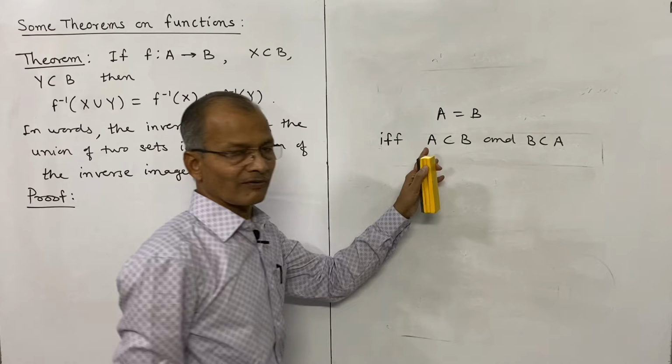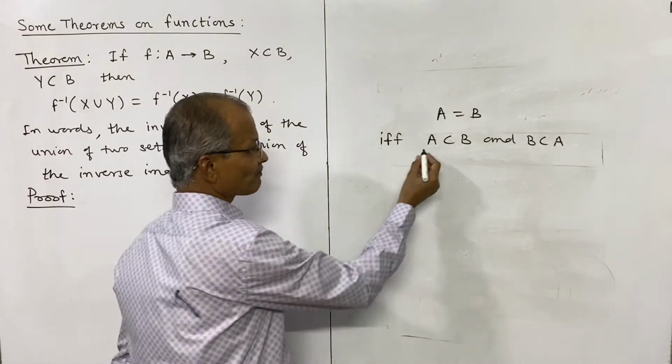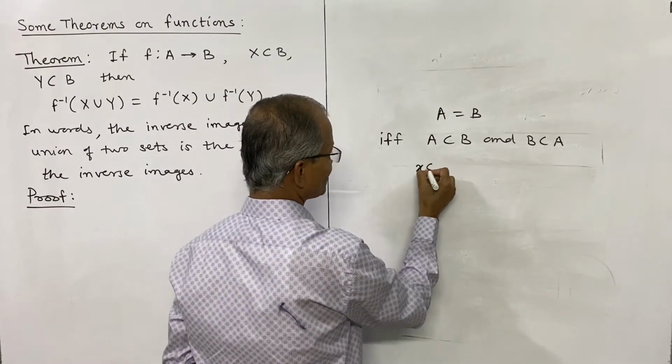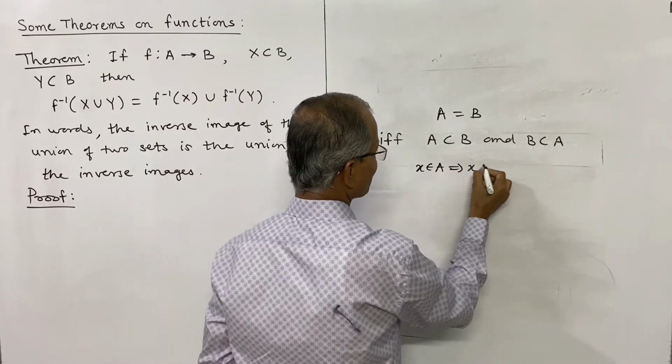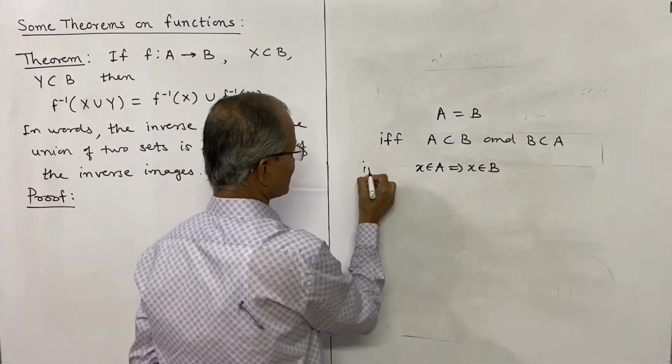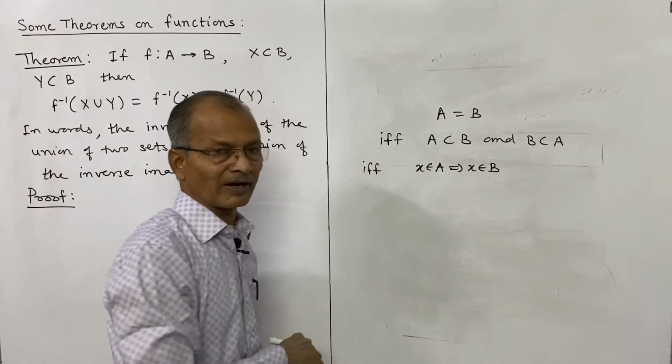And again, when we say A is a subset of B, that is, if and only if x belongs to A implies x belongs to B. IFF means if and only if.